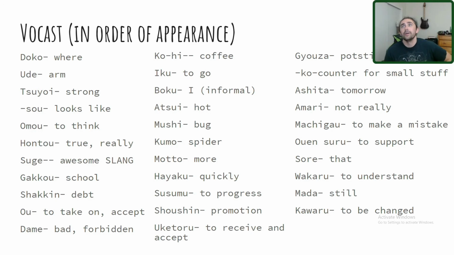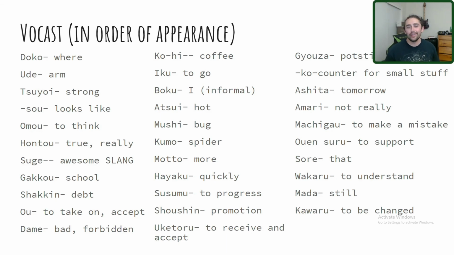So here we've got our vocab list in order of appearance, of course, as usual. I didn't say this before, I don't think, but I haven't been including words that I've included in other vocab lists, because you should just follow those ones. Just watch those and get that information there.